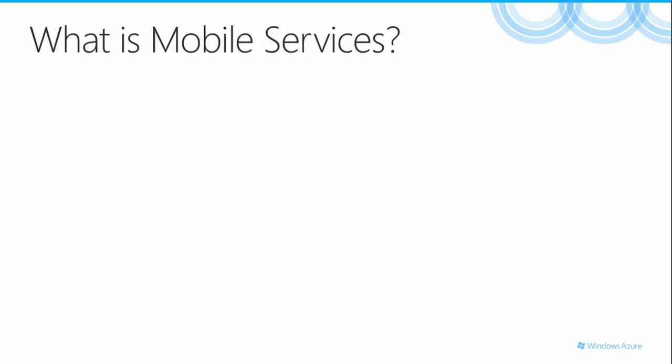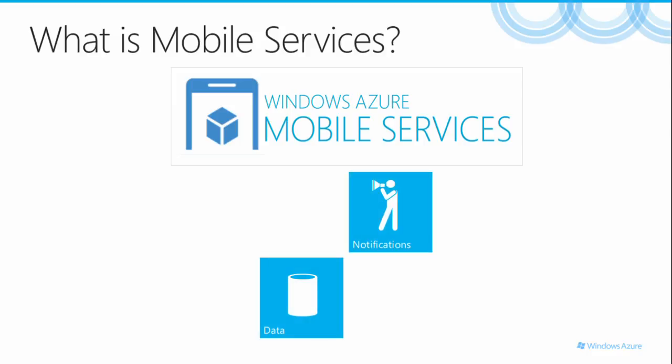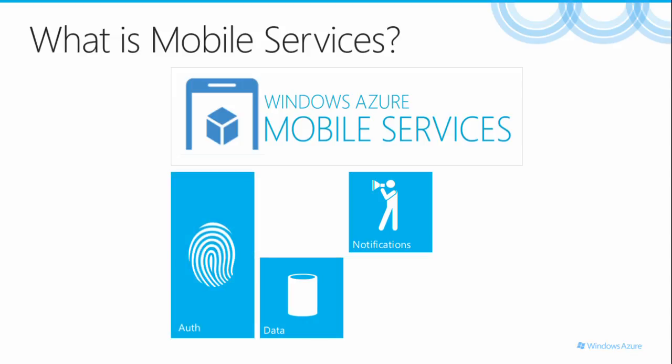It provides a number of different scenarios for your apps to consume this service and do things like store data and send push notifications, like your toasts and tile updates if we're talking about Windows Phone or Windows Store apps. If you're talking about Android and iOS, we also support those client applications, and we've got client SDKs for that as well. We also support sending push to those platforms through APNS and GCM.